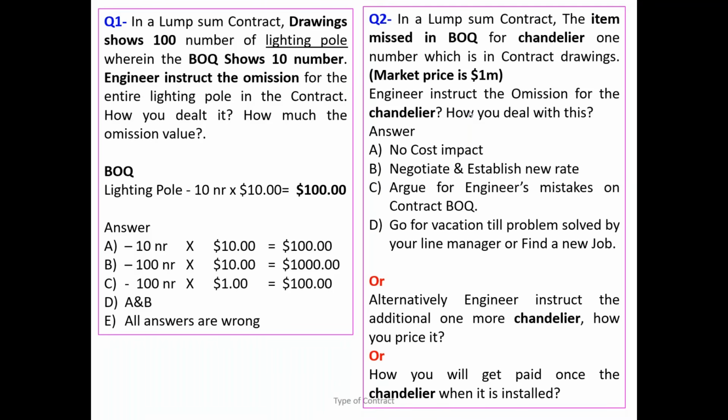Now let me ask you, can the contractor ask for an additional price for the cantilever because he missed pricing it in the BOQ? Is it possible under the lump sum? Okay, if you say no, that is the right answer. Why? It is deemed to be included in the contract sum.